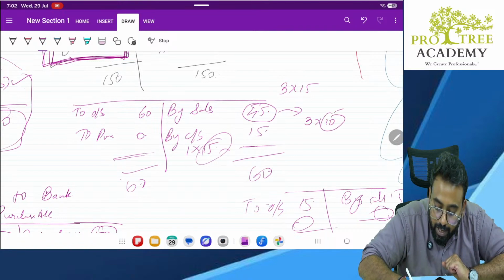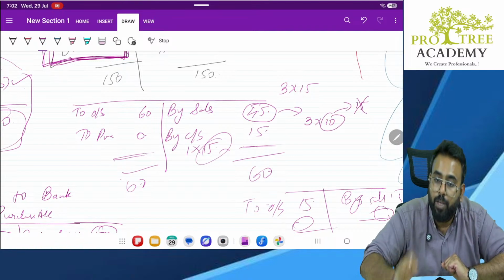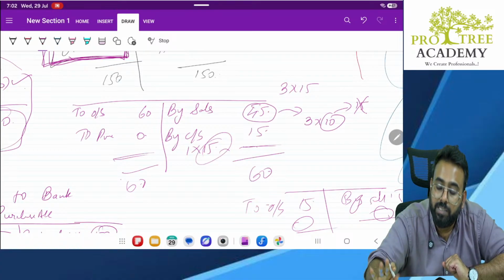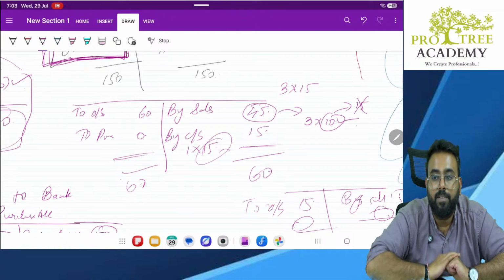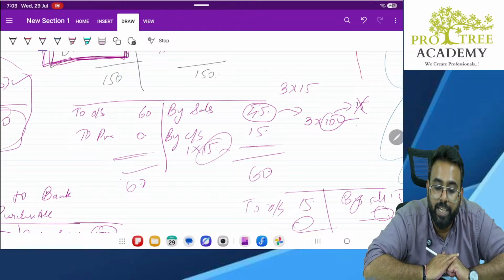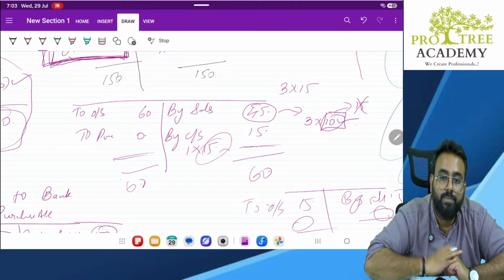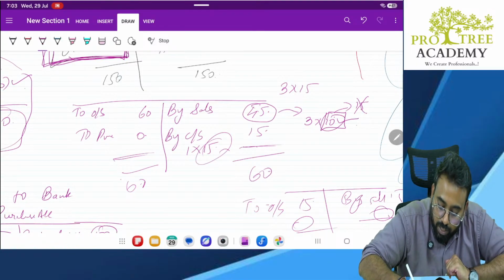You cannot say 3 into 15, because the associated expense is actually only 10. Matching concept says revenue should be matched with associated expenses. How much were the associated expenses? Only 10 rupees. So you should have recognized only 10 rupees.